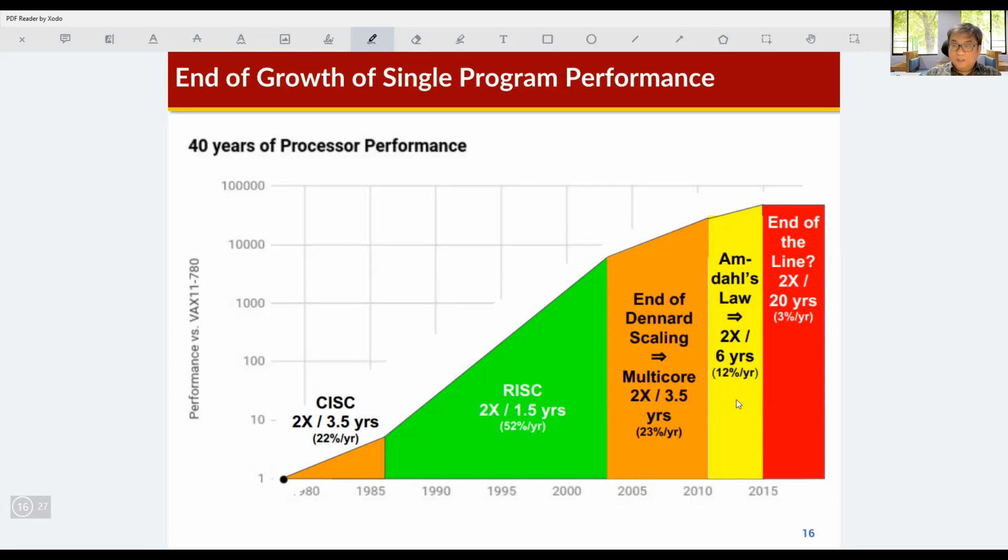It's slightly increased, but after 2015, it's just saturated. Doubling may take over 20 years, like 3% per year is the performance of the single core processor. It's very tragic.